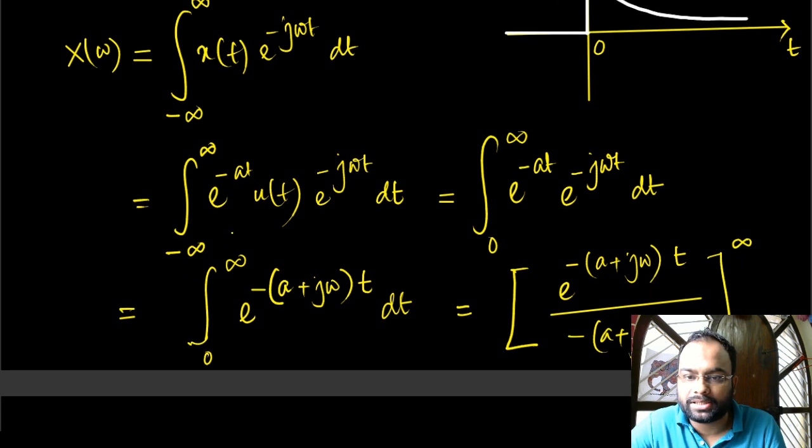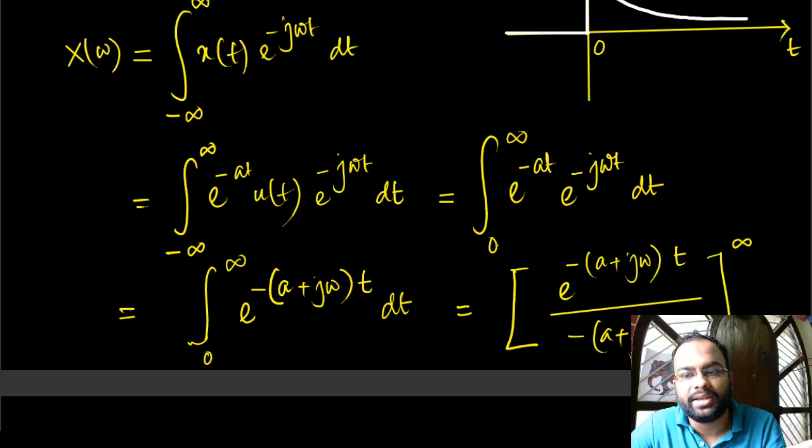What was the purpose? The purpose was to make sure that the lower limit boils down to 0. Because try to understand, when we are integrating from minus infinity to plus infinity, for the entire span from minus infinity to 0, u(t) is 0. So this entire integral is 0. So I do not need to integrate from minus infinity to plus infinity.